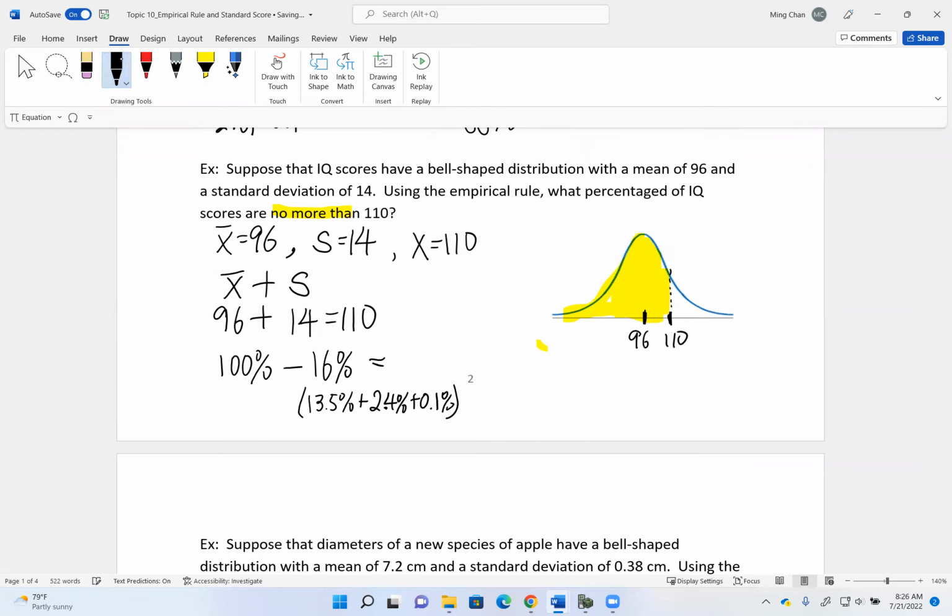So the percentage that lies to the left side of 110, my X, is 84% of the data. 84% of IQ scores are no more than 110. This technique that I just did to figure out the 84% is also what we call the complement rule: figure out what you don't want, subtract from 100% to get what you want.